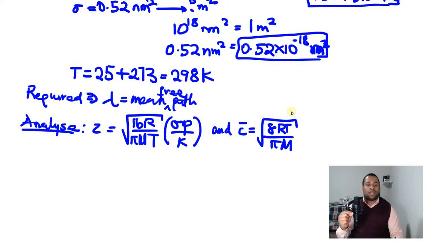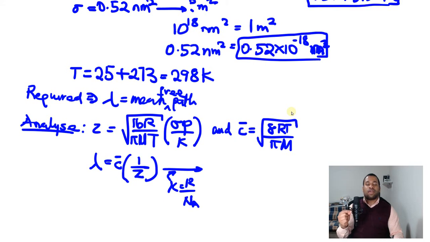This actually leads us to combining those two expressions in our mean free path, which is expressed as our mean speed multiplied by 1 over z, which is the time. And therefore, we'll be able to incorporate our k value in here, where k is equal to R over the number of particles.